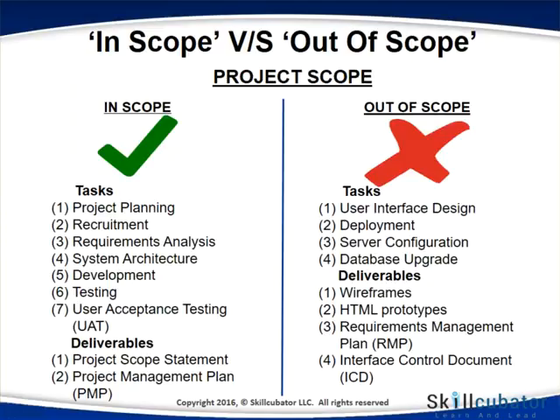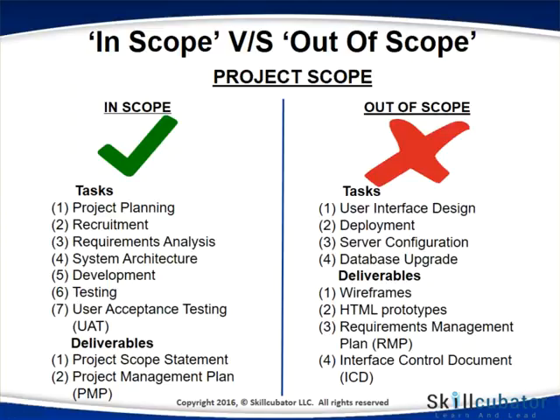All these activities will not be done by the team. Also, all the deliverables like wireframes, HTML prototypes, your RMP, requirements management plan, your interface control document, all of these will not be created by the team.